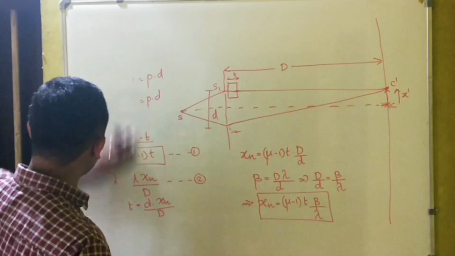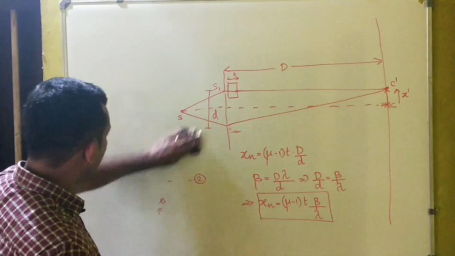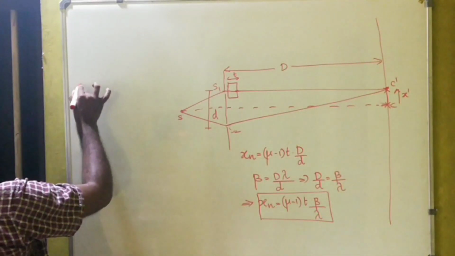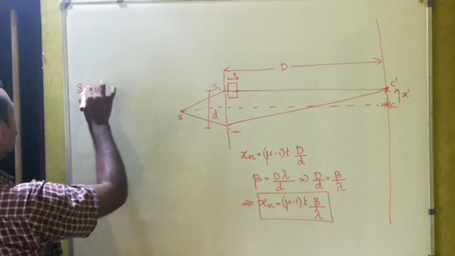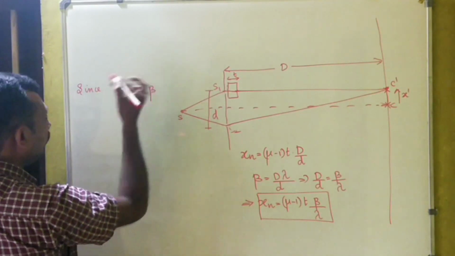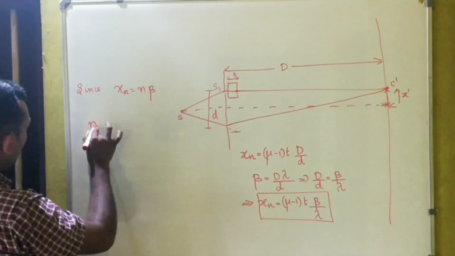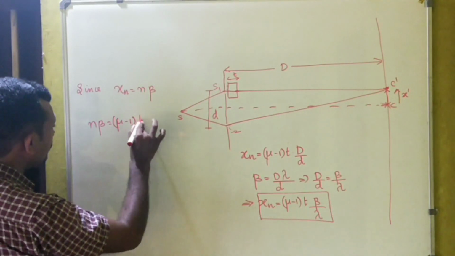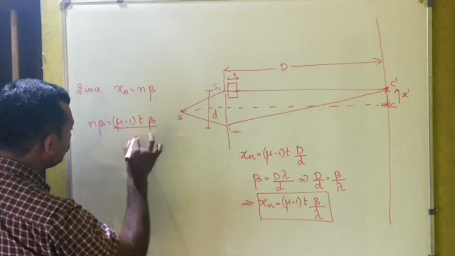Now one more thing we can do from here is that since xn is equal to n beta, I can say n beta is equal to (mu minus 1) into t beta divided by lambda.